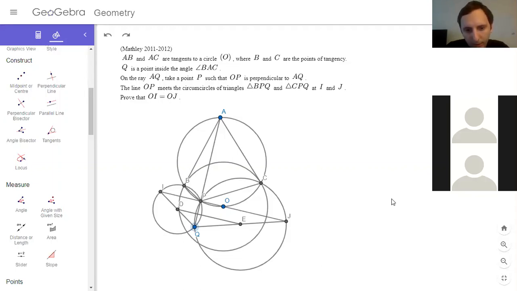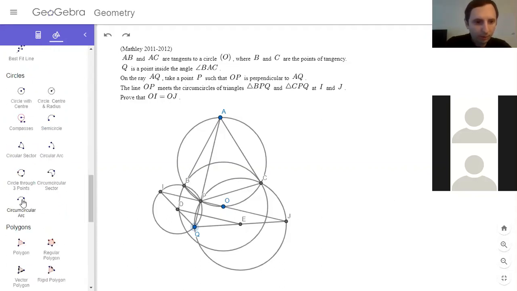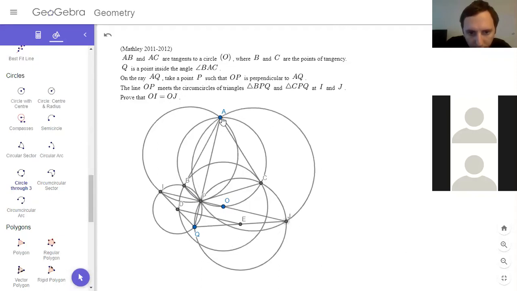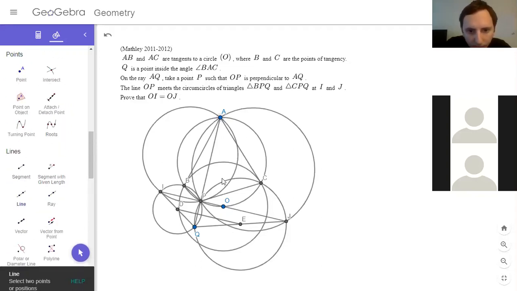I still like trying to show the powers of O with respect to both circles are equal. Is there some other circle, like for example, I draw that and I draw that. See if this helps.